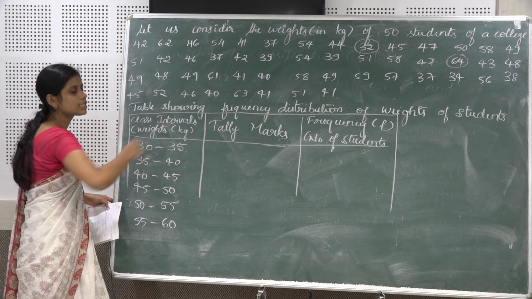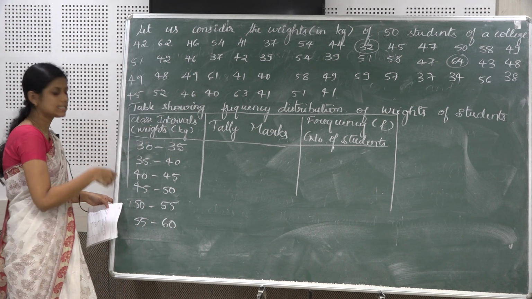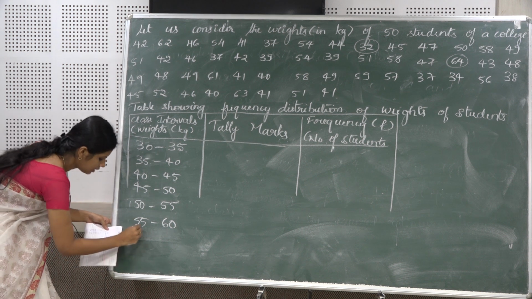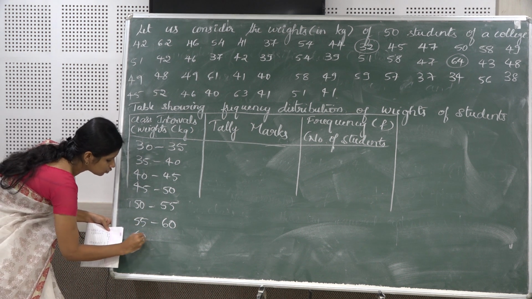The highest value is 64, which is covered within 65, so up to 65 we write. 60 to 65.